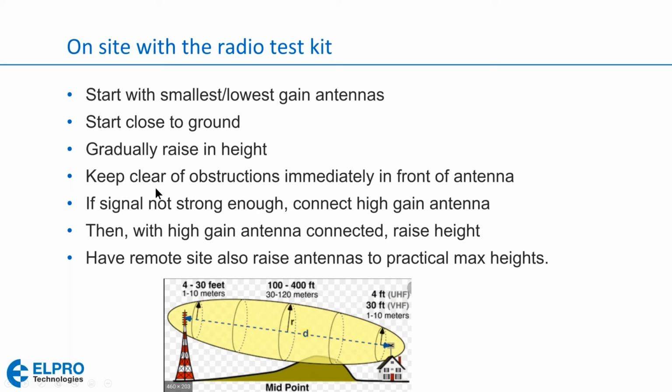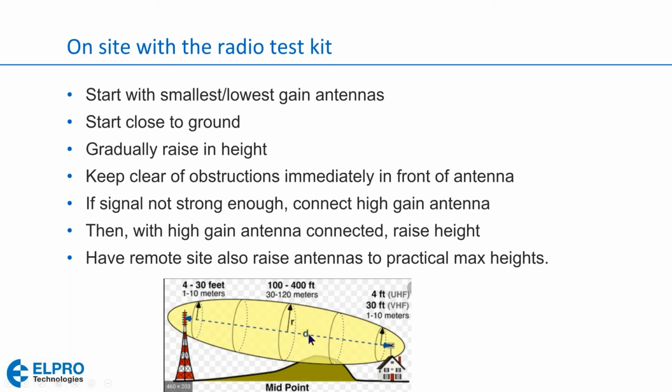And we have to make sure that we, again, keep clear of obstructions immediately in front of the antenna. If we look at this diagram right here, and we envision this is nighttime, let's say midnight, and there's no light, and we have a flashlight at this end and want to see how much light we can get at this end. Well, if there's a big tree right in front of that antenna, it's going to be a much bigger obstruction than if that same tree were mounted right here.